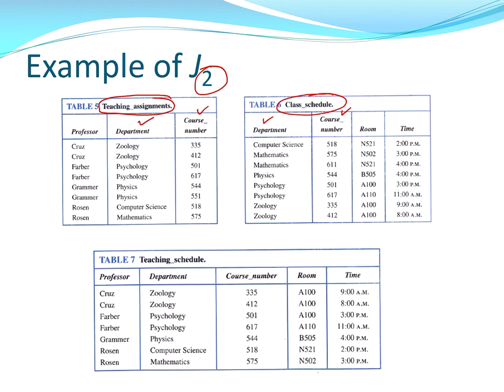If I create a join of these two databases, I'll combine professor, department, course number, room, time to get a teaching schedule. Here the department and course number are the common fields. Now I've joined professor with room and time. That allows me to create a teaching schedule.